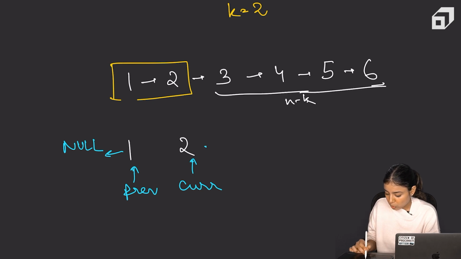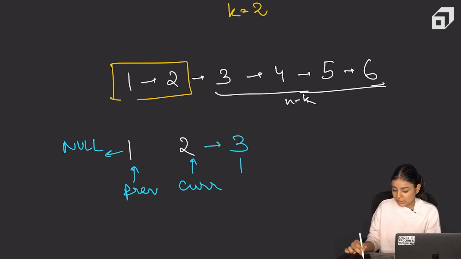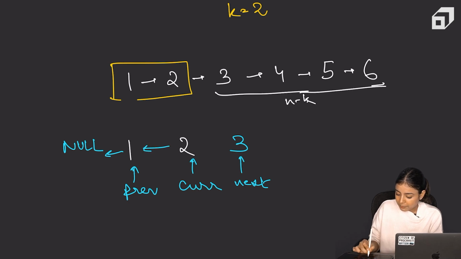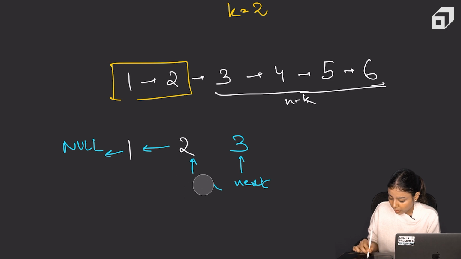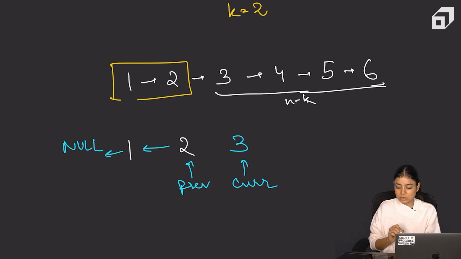Right now 2 is pointing to 3, so next would go here. So now I change this link and make the current's next point to previous, and then move my pointers ahead. So now my previous would be at 2 and current would be at 3.